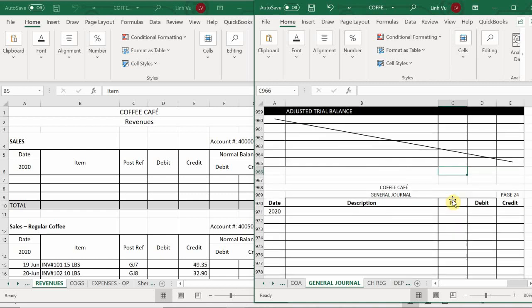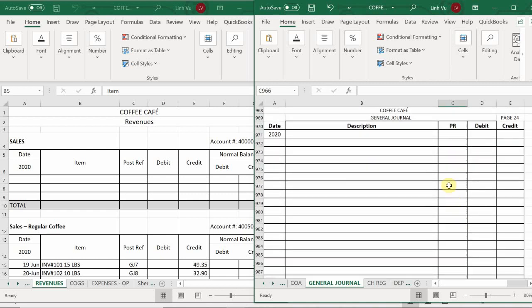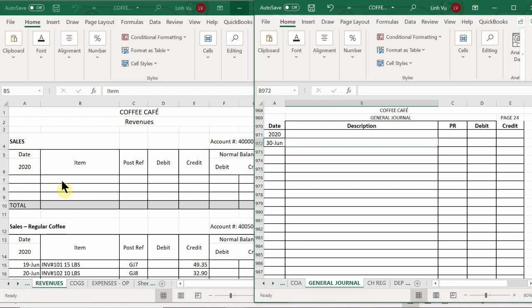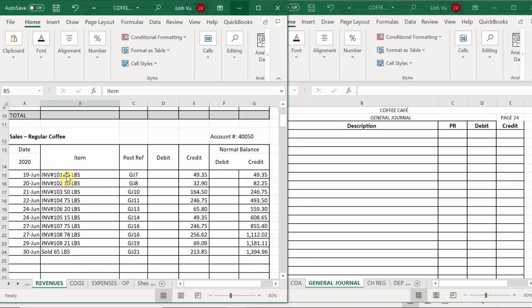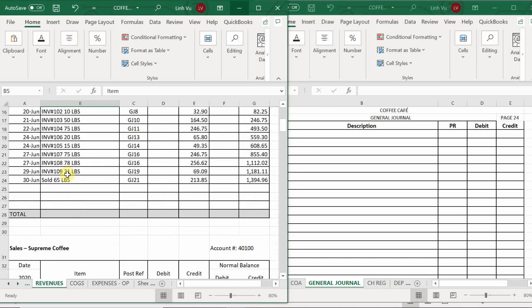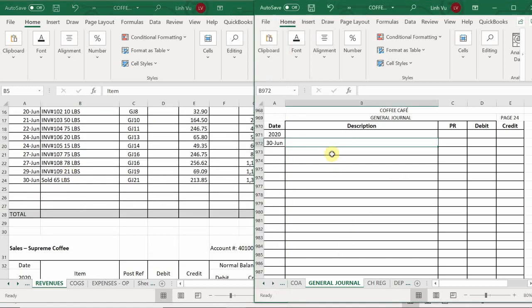So we're going to start off on page 24. Okay, it is 6:30. This is going to be the official start of our closing process. What we're going to do is zero out every single account that exists in my revenue section, starting off with sales for regular coffee. Right now it's at a credit balance.